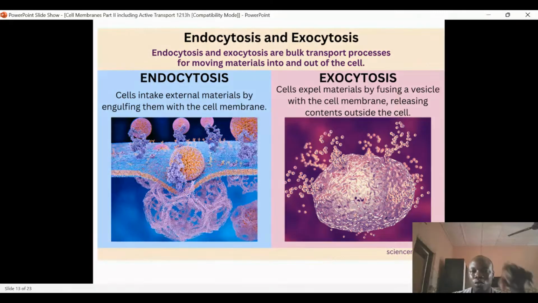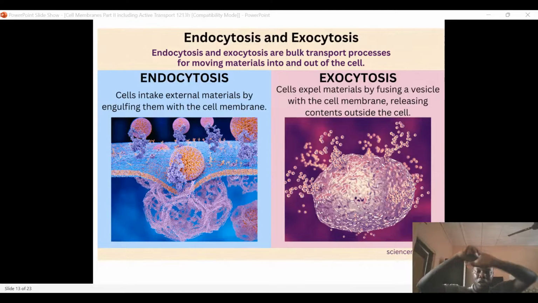And then the next thing, endocytosis and exocytosis. Endocytosis is when a cell takes in external material by engulfing it with the cell membrane. Let's say this is the cell membrane; it will engulf the molecules, then close around them, and the part of the membrane that engulfed the molecules will start going down until it makes sure it has engulfed the complete molecules. Then the membrane forms something like this, with the molecule inside.